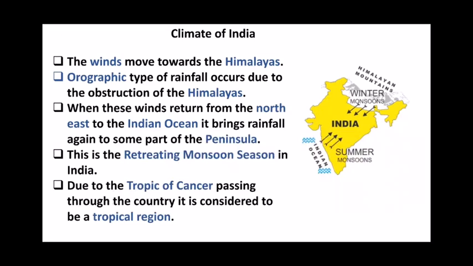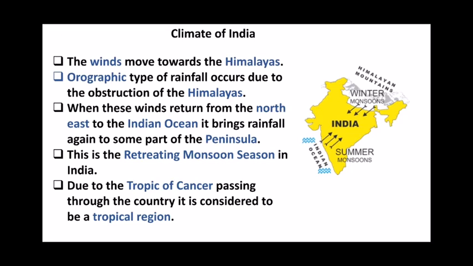Now children, these southwest winds, when they blow from the south, go towards the north. When they are going towards the north, they are being blocked by the Aravallis, because of which Gujarat and Rajasthan receive very low rainfall. Then the same winds change their direction and move towards the Himalayas.